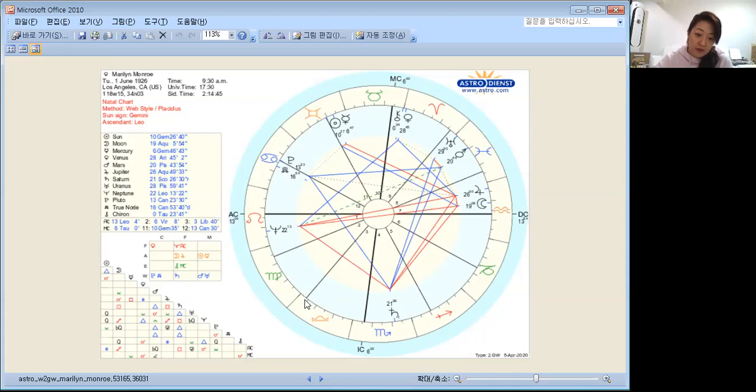Anyway, the third house for her was the Libra house. Remember, third house is communication, your skills, all of that stuff. So she has this Libra energy. She's naturally beautiful. She's a model, this iconic figure of beauty and glamour.